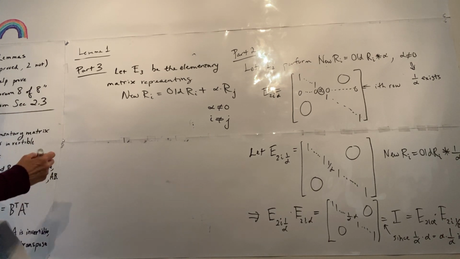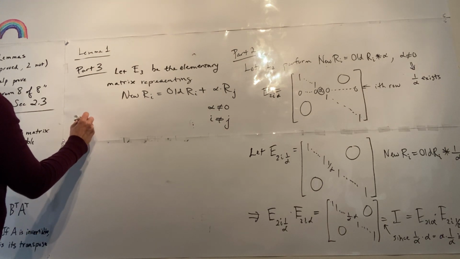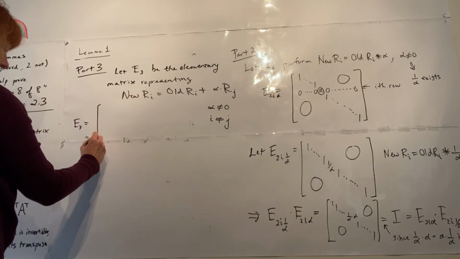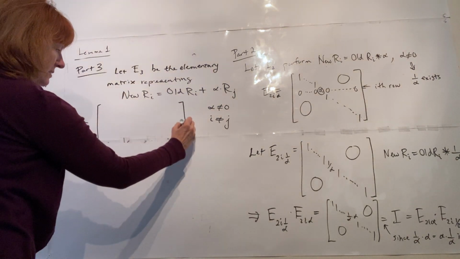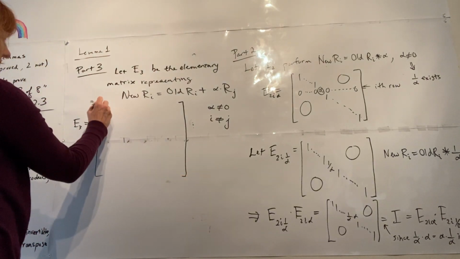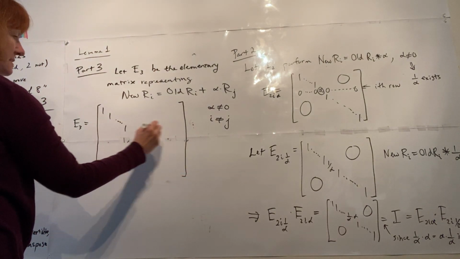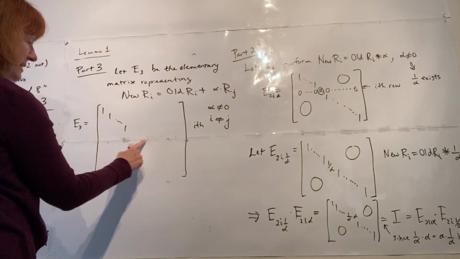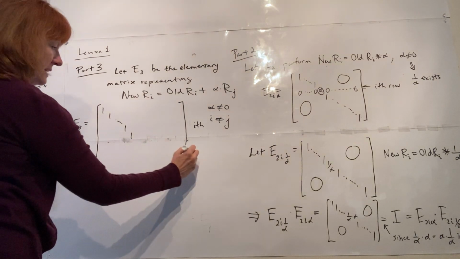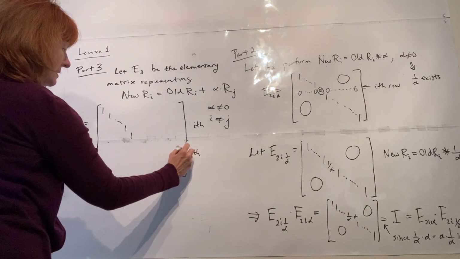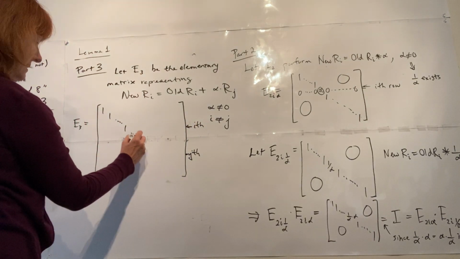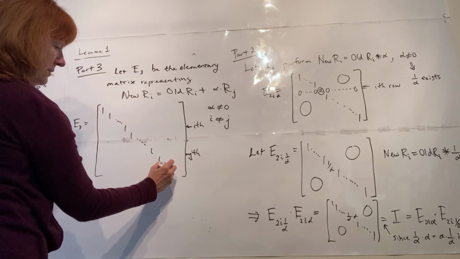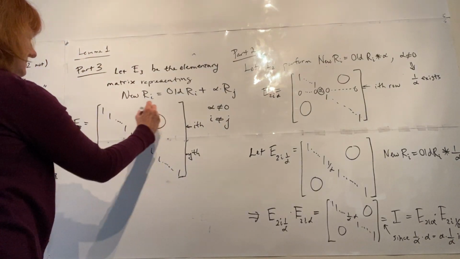What does that one look like? That looks like this. E3, again, it's going to look mostly like an identity matrix, okay? But let's focus on those two rows I and J. If it was just the identity, we'd have ones, come down to the ith row, we'd still have a 1 there. Get down to the jth row, let's say that's right about here, here's the ith row. Again, we would just have 1s all the way down along the diagonal, and 0s elsewhere.